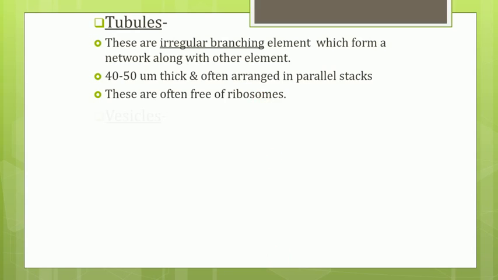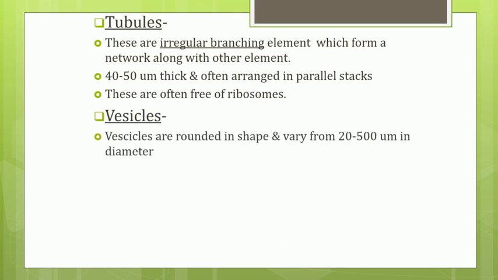The third type is vesicles. Vesicles are rounded or oval structures which vary in diameter from 20 to 500 micrometer. These are also sometimes free of ribosomes, which gives rise to the smooth ER.